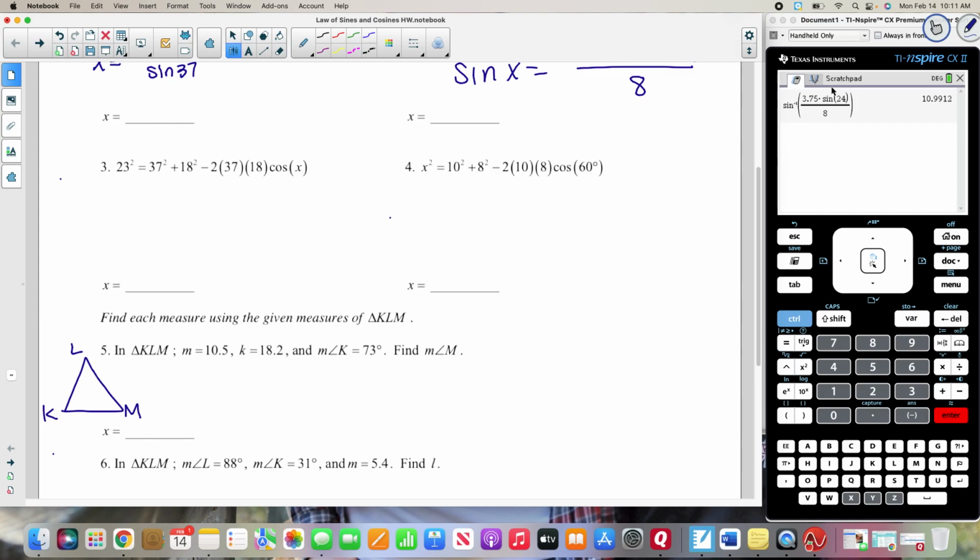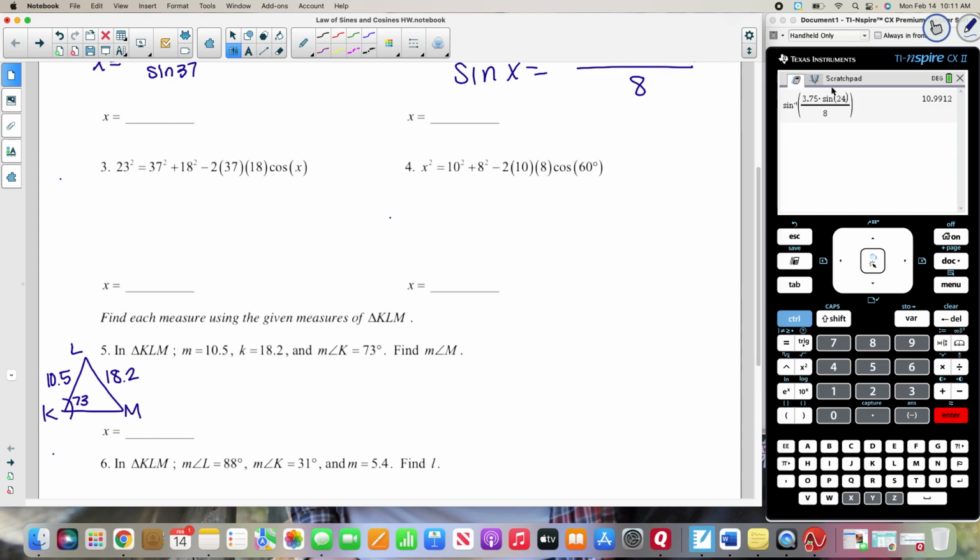Little m is 10.5, across from big M. Little k is 18.2, and big K is 73. We have an angle measure and the side across from it.